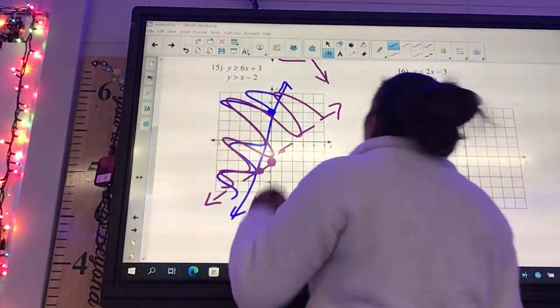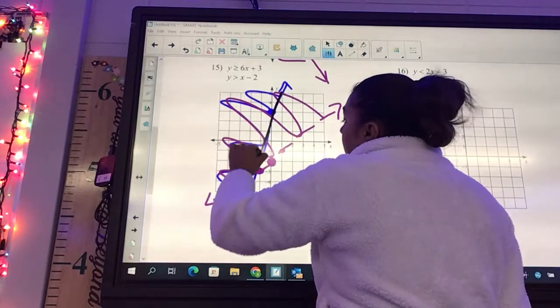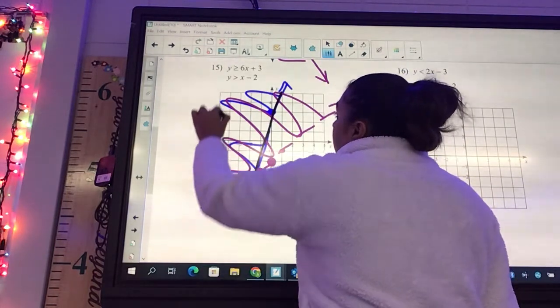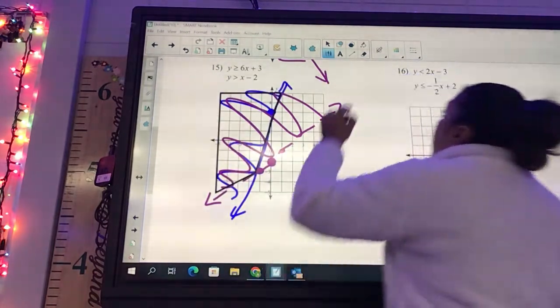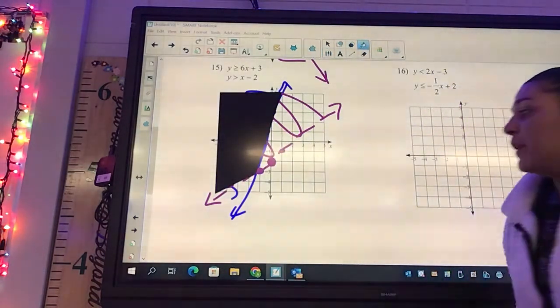So I got my little solution area right here, and that should be my dark area.